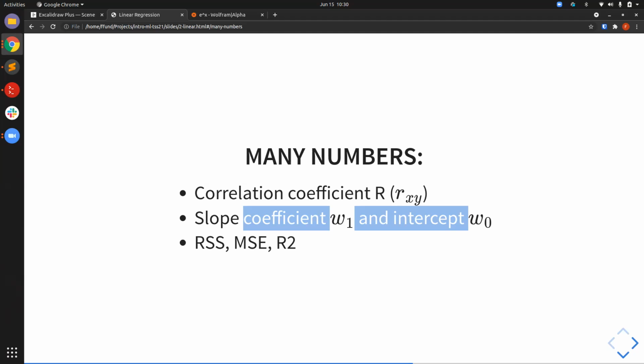Take a couple more seconds to answer. Okay, most of you understand that the coefficient and the intercept are something we compute as part of training the model. So it also depends on the model.